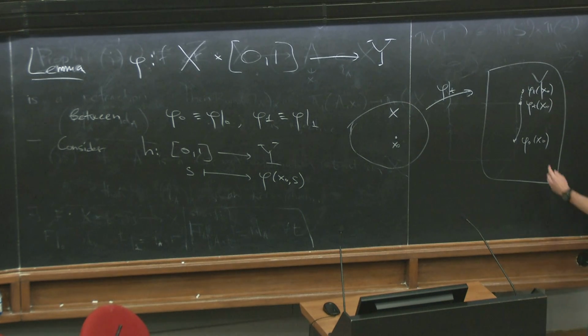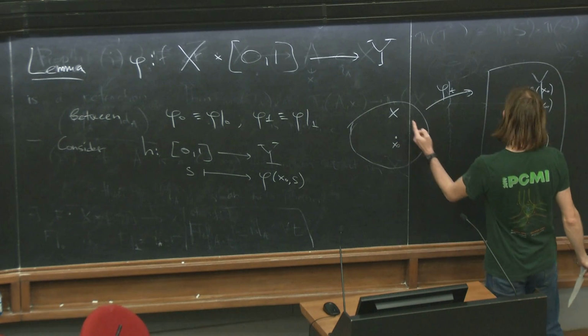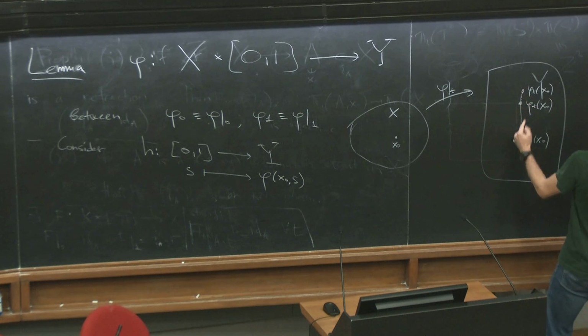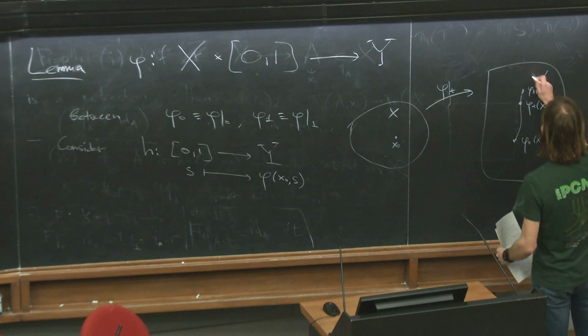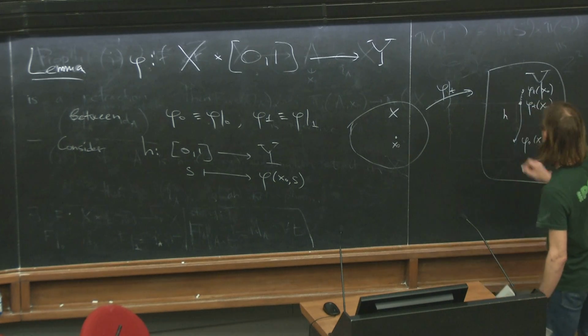So this is the image of my base point x0 in X. Once I change my homotopy parameter t, it moves in Y, and this gives me some path in Y, which I denote as h.